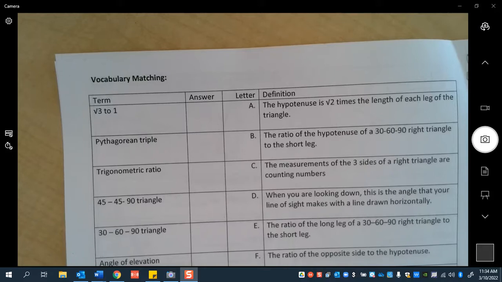So what I'd like you to do is start where you need. So if you want to start on the vocabulary, that's great. If you want to start on special right triangles, if your first order of business is to come ask me questions, I'll be sitting at the round table in the back. So whatever you need, this is your job to work it out. Got it? What questions do you have? All right, go get smart.